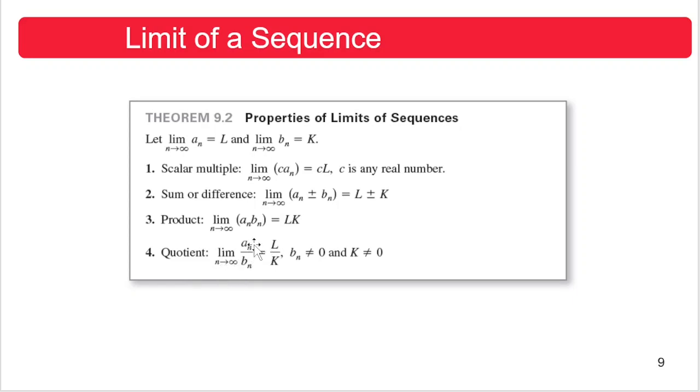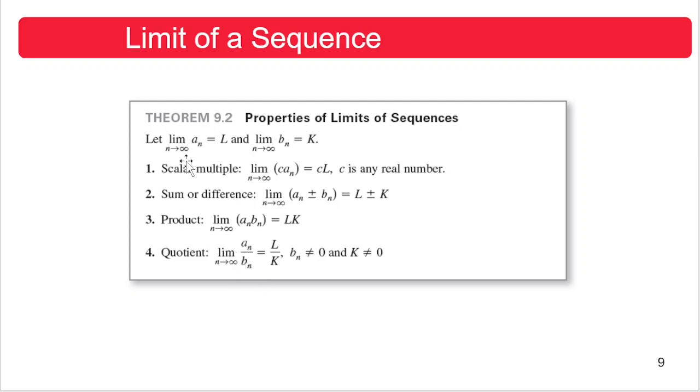Okay, the last property is called the quotient property, wherein you take the limit of the quotient of the n-th term a sub n of the first sequence over the n-th term of the second sequence, denoted by b sub n, as n approaches infinity. Again, we can distribute the limit sign to the numerator and denominator to get the limit of a sub n over the limit of b sub n as n approaches infinity.